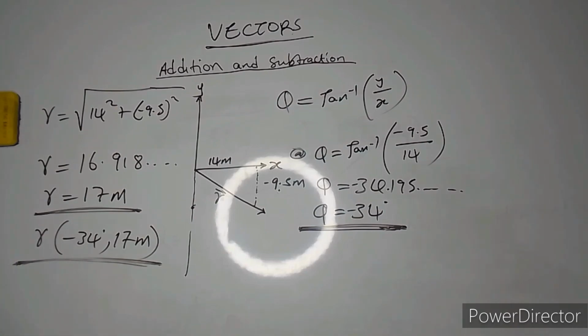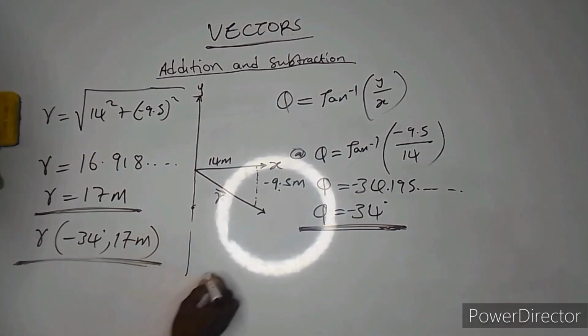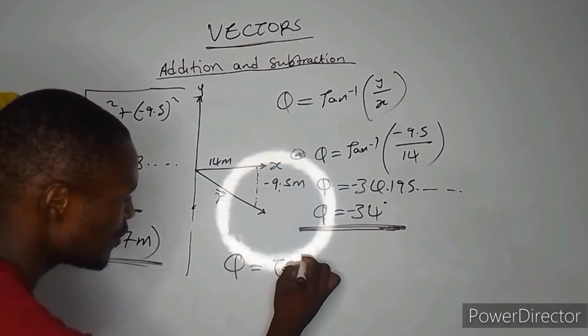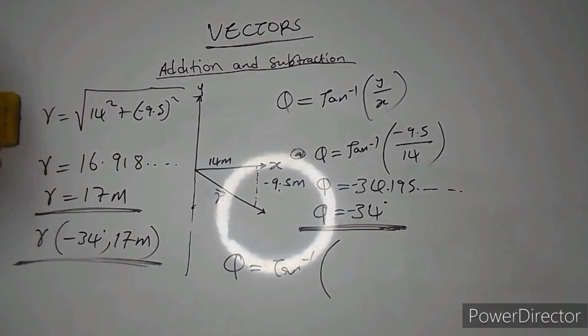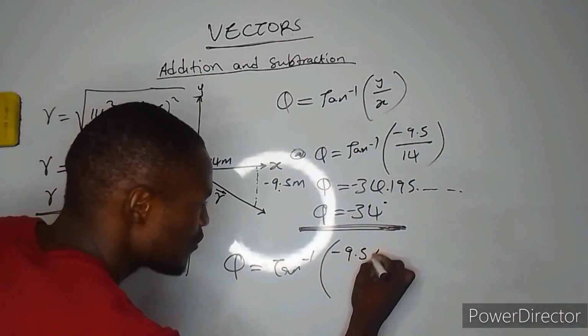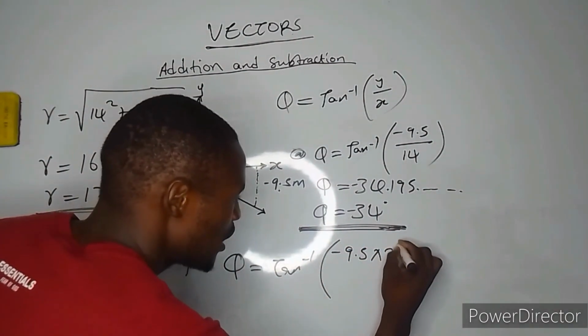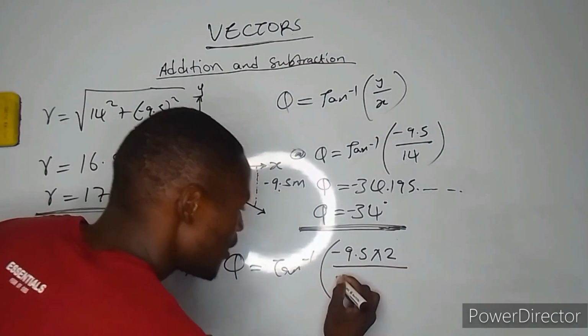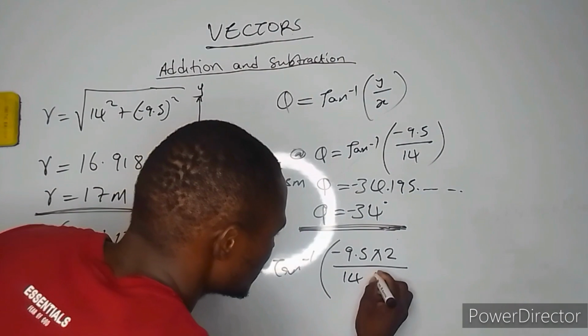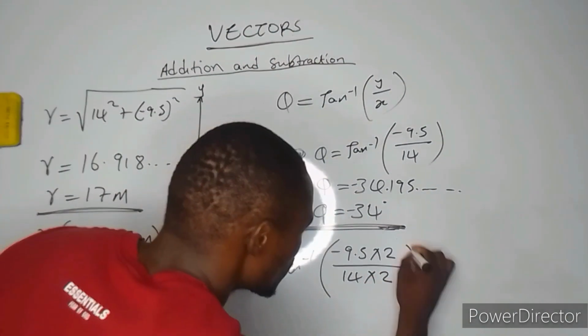Therefore, we are going to say we double this, so we'll say theta is equal to the tan inverse of y, which is negative 9.5 multiplied by 2 here, over the x, which is 14 times 2.